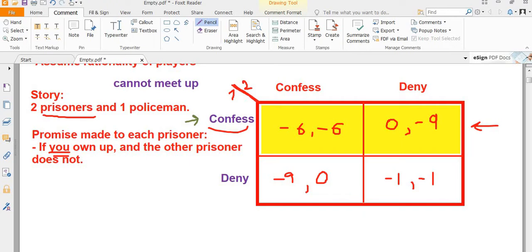If as player 2 I feel that player 1 will probably confess, then let's see what I should do.